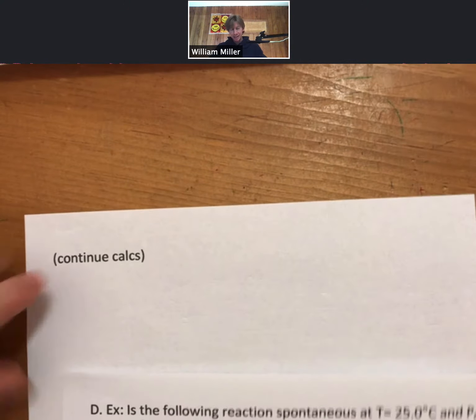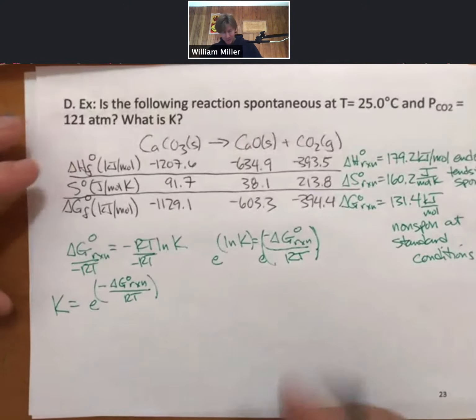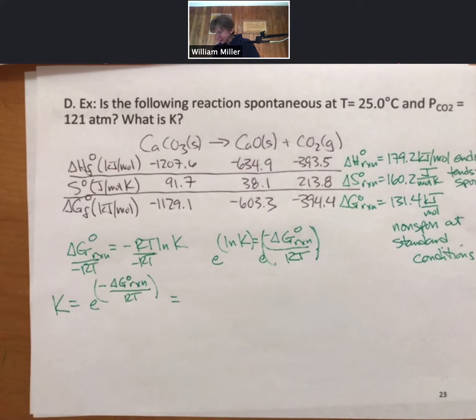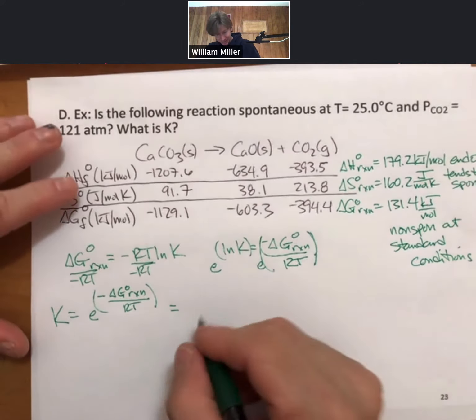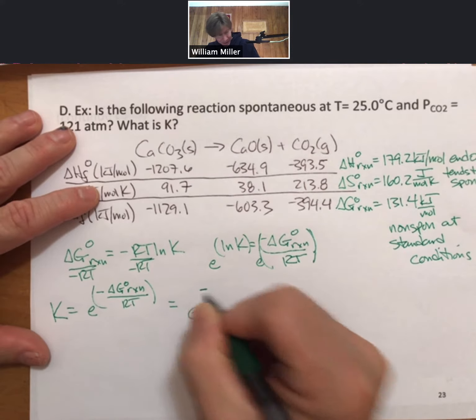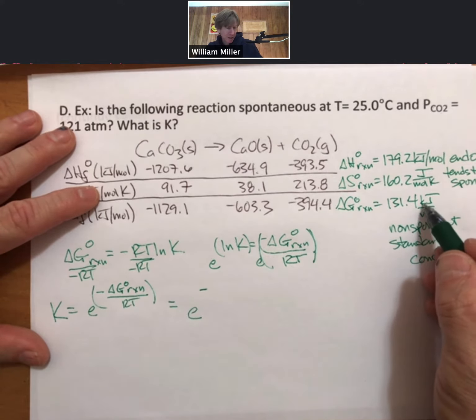No wonder I have a second page here. Let's just do this one on this page, and then we will do the next one on the next page. Well, let's see. E to the minus, well, this is in kilojoules.